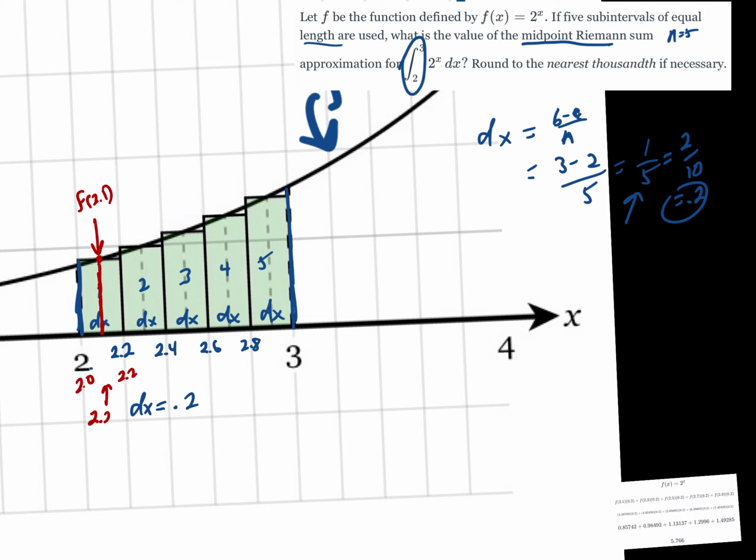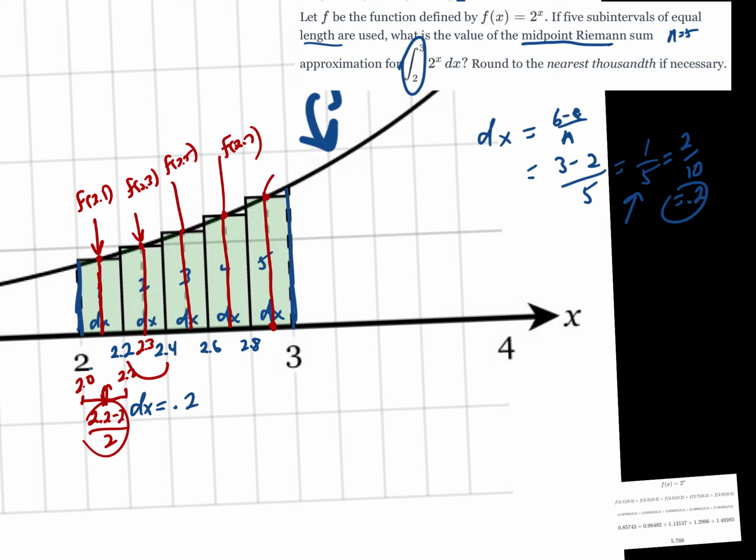You take this endpoint and this endpoint, add them, and then divide by 2 to get the middle point. You would do the same thing here. So this is 2.3 we want, which makes the height f of 2.3. This height is f of 2.5. This midpoint is 2.7, so this height is f of 2.7.